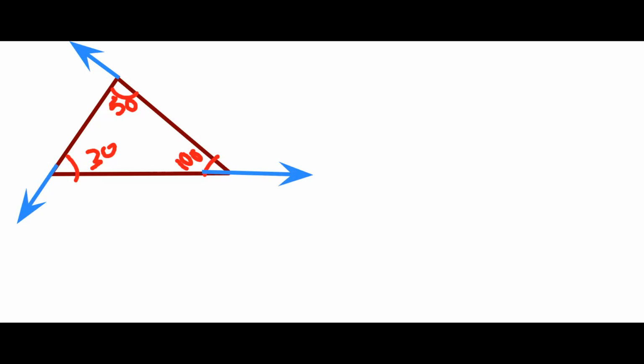And I have here this angle, and this angle, and this angle. Now, who can tell me the measure of the first angle, number one? It's 50. This is 50, the red one.